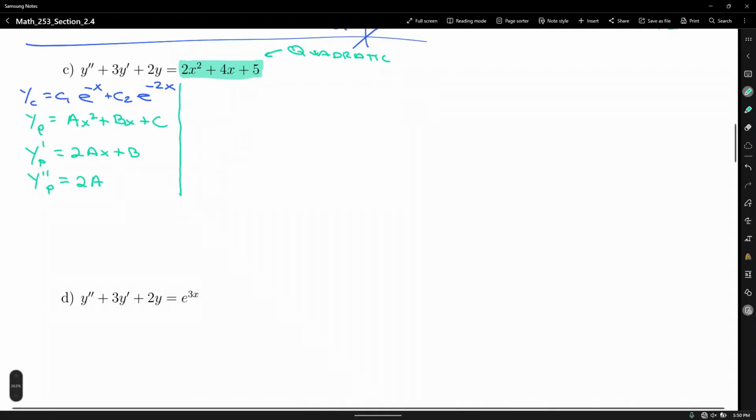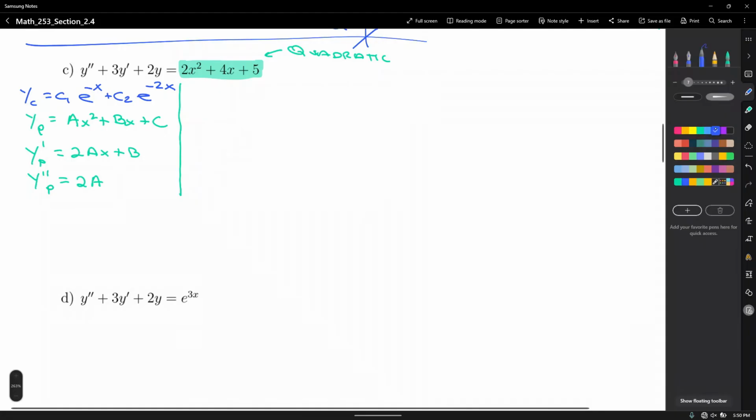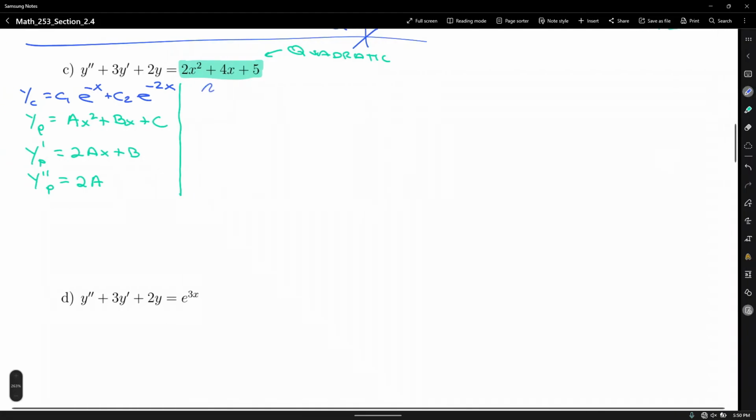Okay, so let's substitute all this madness in the differential equation. What do we substitute for the second derivative here? 2a. Let me change colors. So 2a plus 3 times the first derivative.